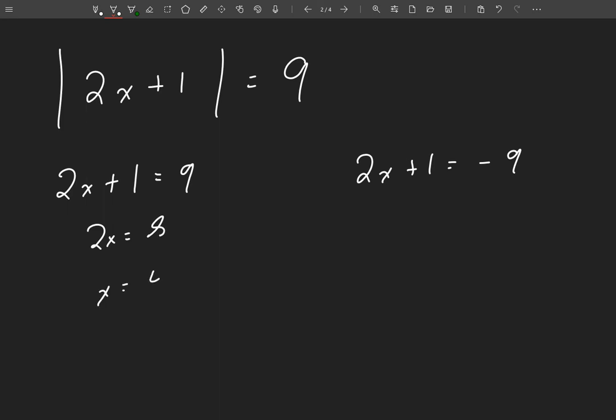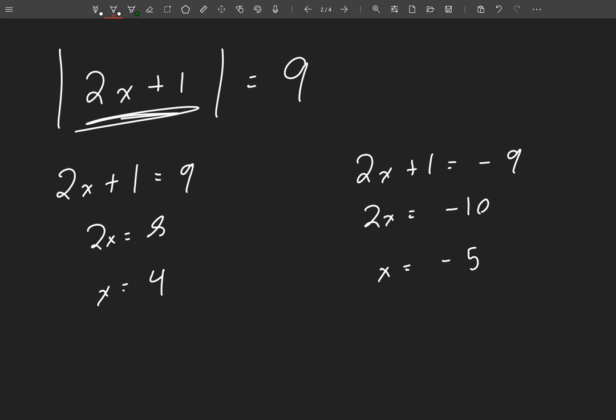Divide both sides by 2, and I get 4. Right? Over here, I subtract 1 from both sides. This is negative 9 minus 1 is negative 10. I divide both sides by 2, and I get negative 5. All right? So if you have a two-step equation here, not just a one-step, it works exactly the same, right? You just set it up the same way, and you do it that way.